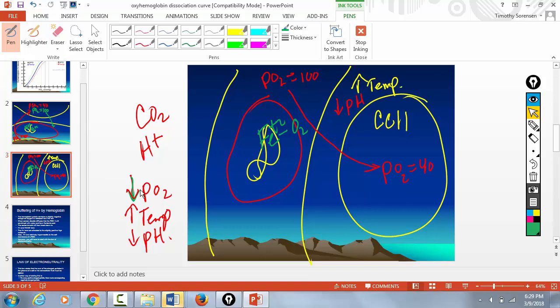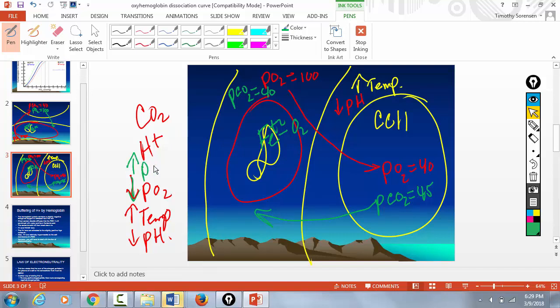Drop, because the arrow went down. And what's the PCO2 going to do? What's the PCO2 inside a cell? 45. What's the PCO2 of arterial blood? 40. So the PCO2 is going to go up.